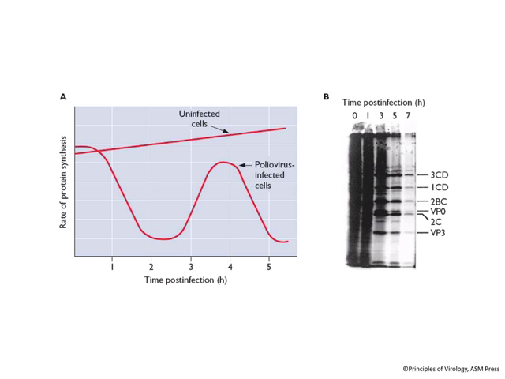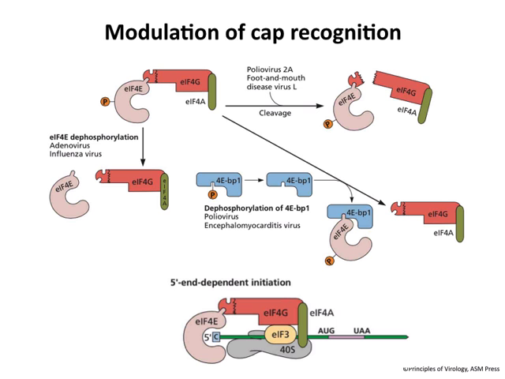So this happens by a number of interesting mechanisms. One of them I've already mentioned, which is cleavage of EIF4G. Remember, 4G is a scaffolding protein that links up the cap binding protein with the ribosome. So picornaviruses encode a protease 2A, which has a primary role of cleaving the viral polyprotein, but it also cleaves EIF4G right there at the N-terminus.